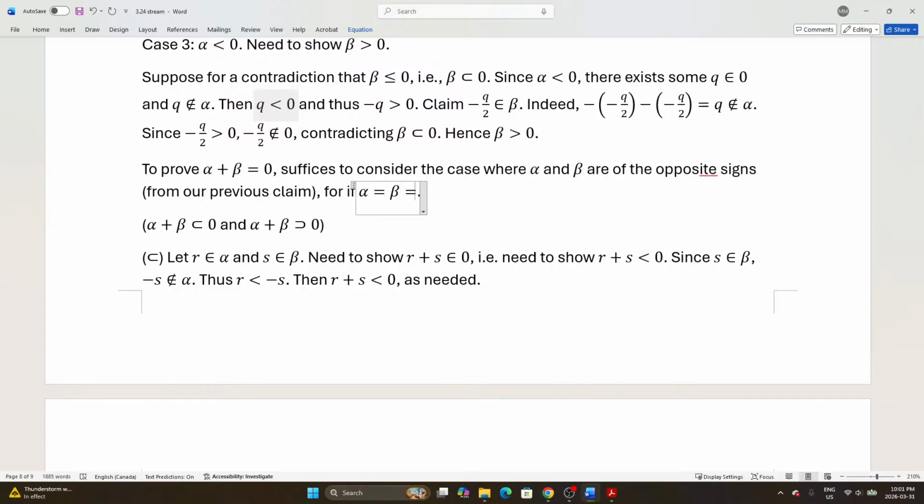For if both are 0, then by A4, which we just verified, the identity holds trivially.